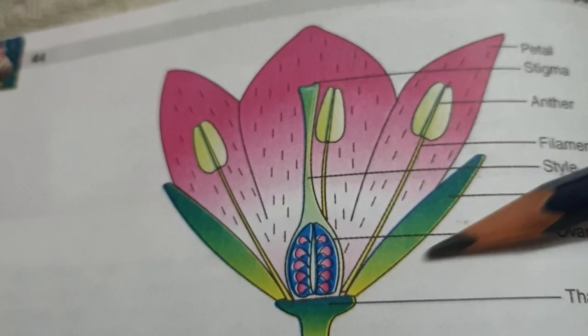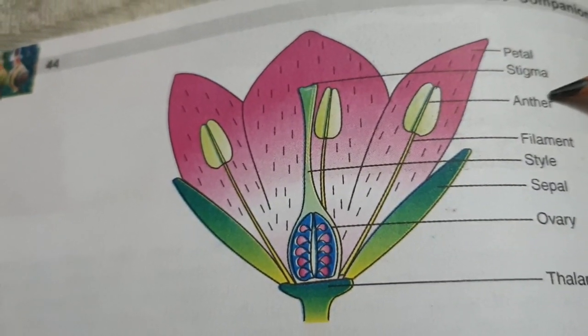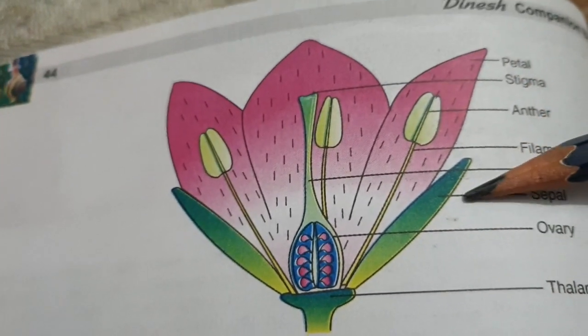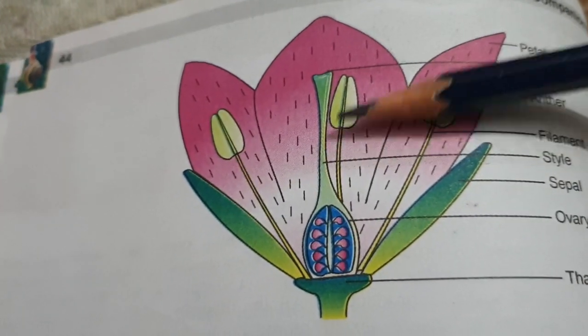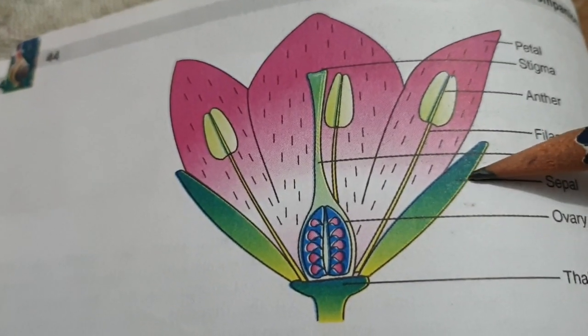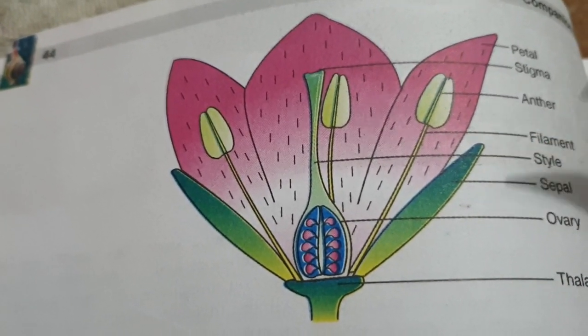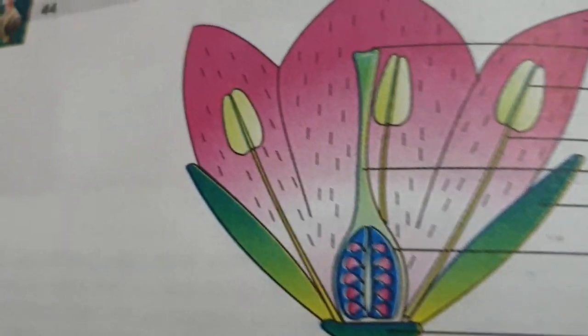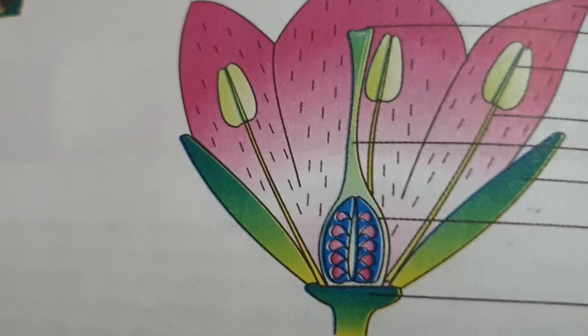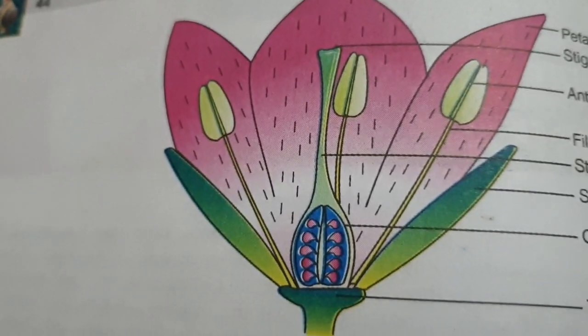Now this is an angiospermic flower. You all are familiar with this diagram. These are the four whorls of an angiospermic flower. This green portion is called the calyx, and its individual unit is called sepal.